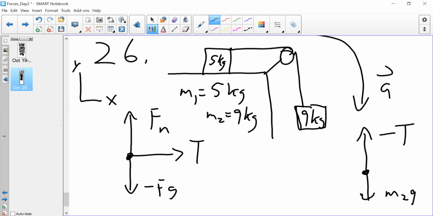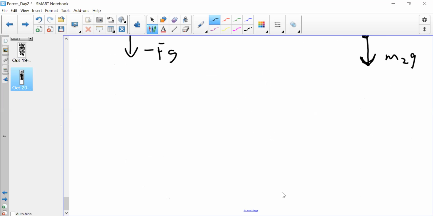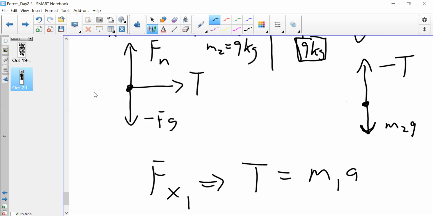No, I mean, that's true, but the vector is positive with the acceleration. That's what you do. Fx1: just T equals m1a. Nothing else happening. If there's friction, it'd be T minus fk.